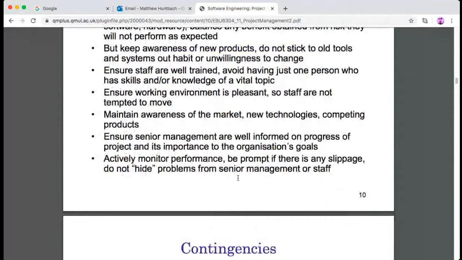The traditional waterfall approach says to do testing at the end, whereas Agile says do testing all the time while producing the programs.